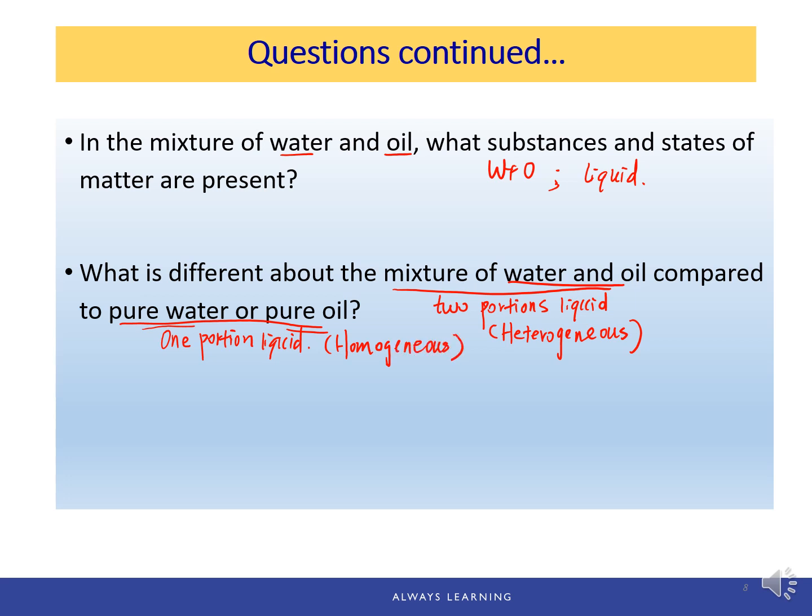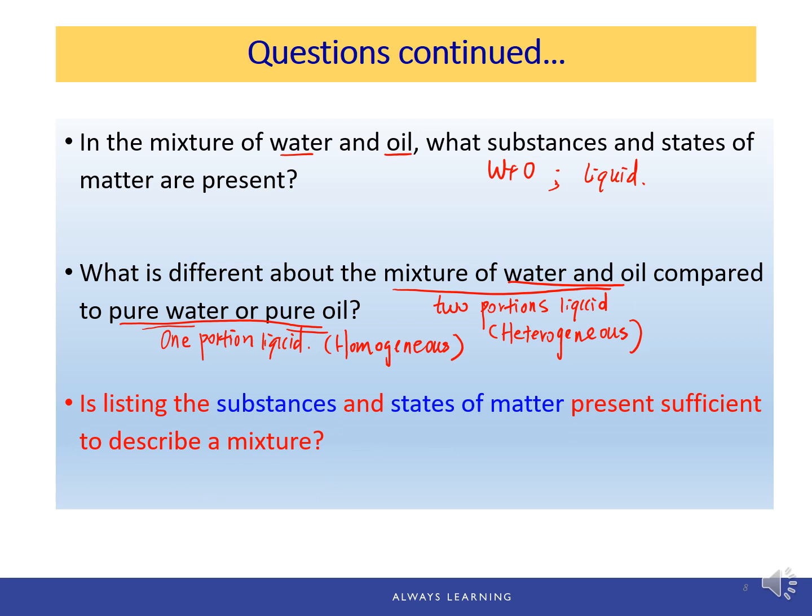liquid. So now the final question: is listing the substances and states of matter present sufficient to describe a mixture? Based on all the questions we just answered, the answer should be no. Because the mixture of oil and water, for example, has only one state of matter, which is liquid, yet it is clearly different from pure water and pure oil.